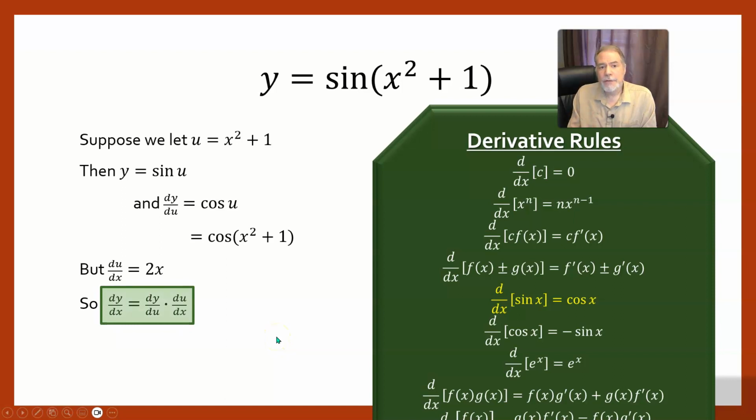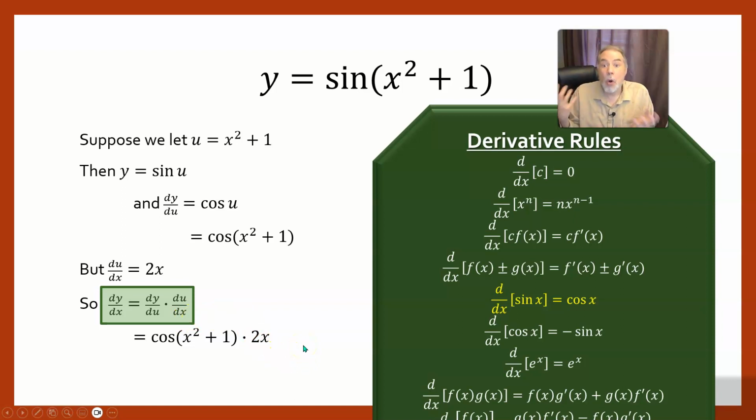So the derivative of y with respect to x, which is what we really want for the derivative of this function, we started out with y being this function of x, and we want its derivative with respect to that variable x. The derivative of y with respect to x should equal the derivative of y with respect to u, cosine of x squared plus 1, times the derivative of u with respect to x, 2x.